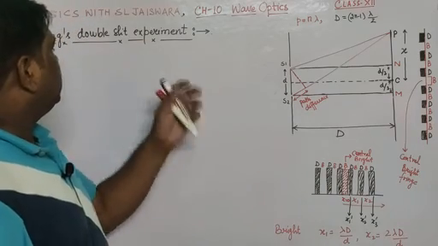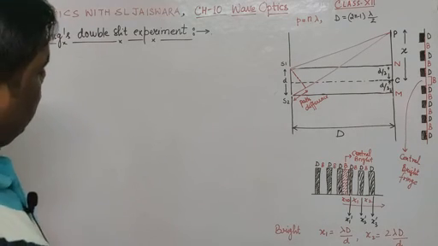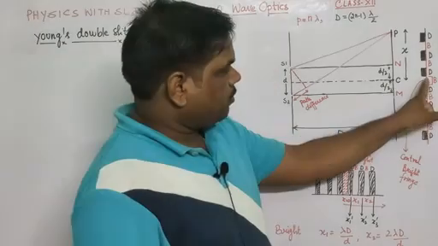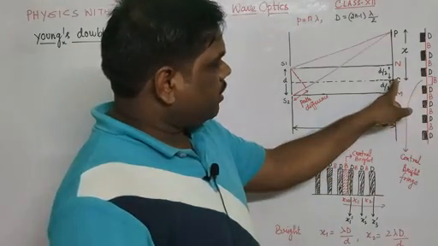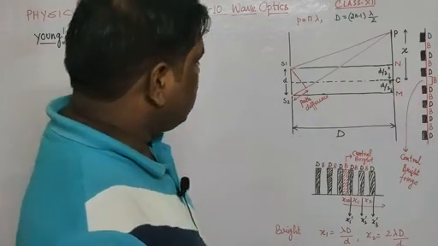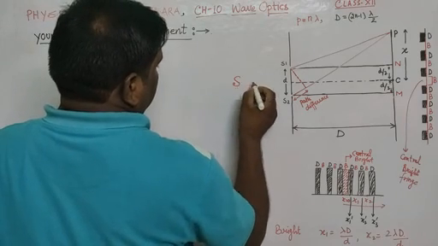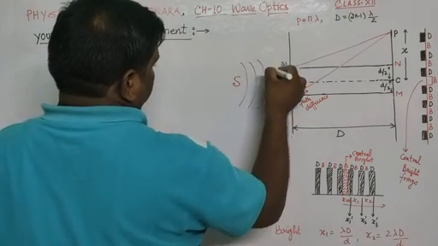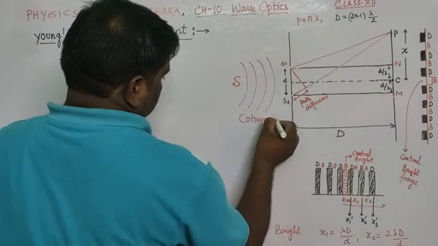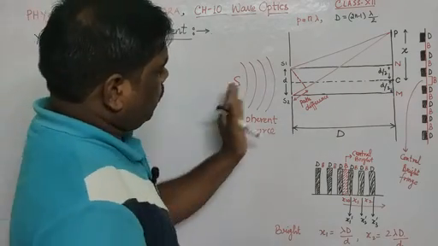So let us see the mathematical proof of Young's double slit experiment, in which we have to show that when the path difference is this, then we'll get bright fringes. At the center there is always a bright fringe, called the central bright point. Suppose there is a monochromatic, coherent source of light propagating.